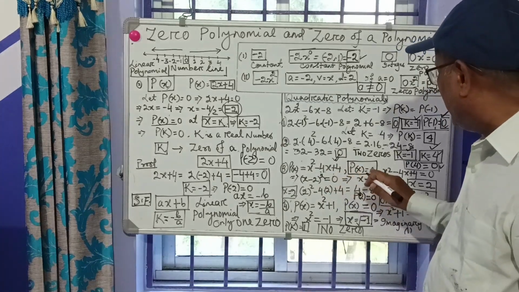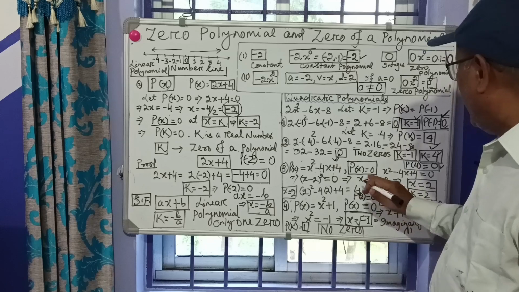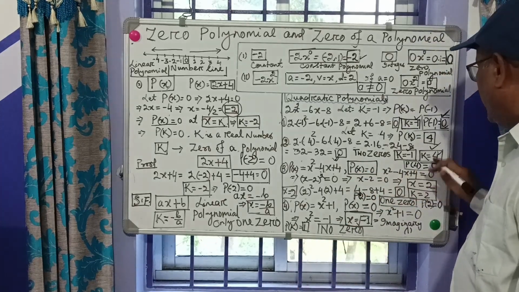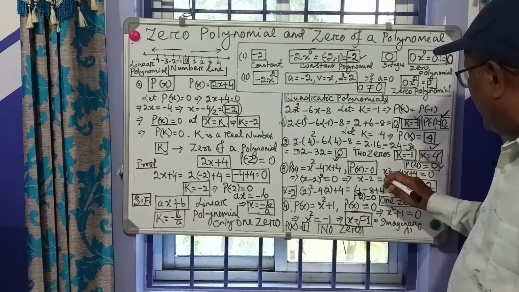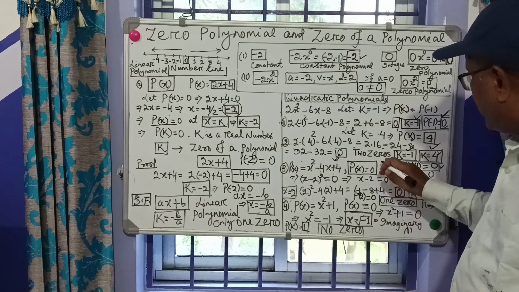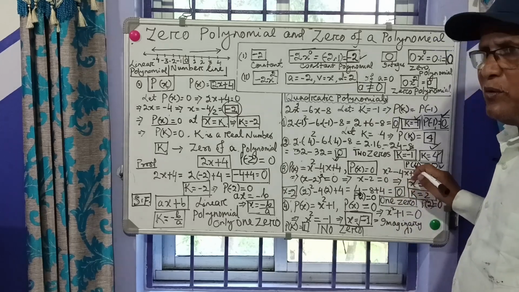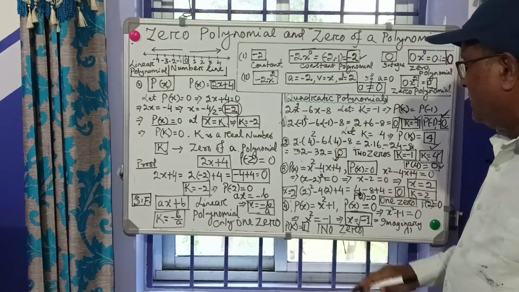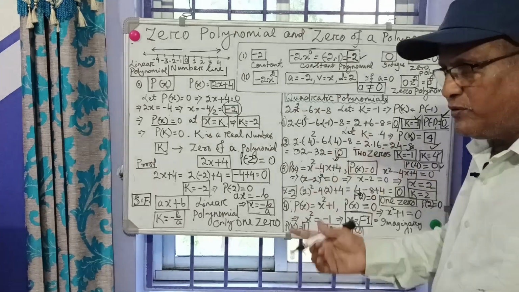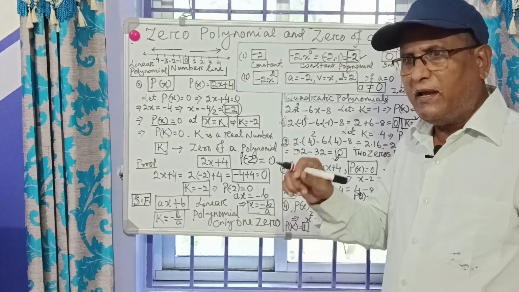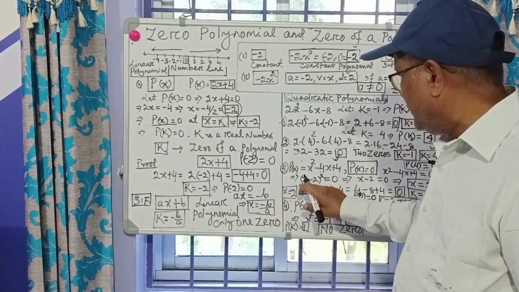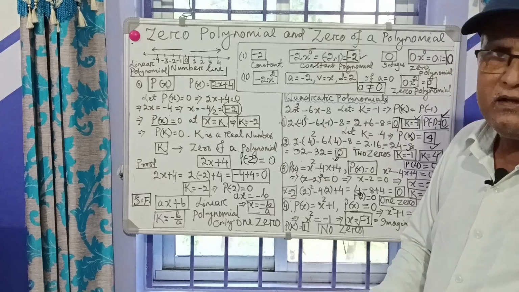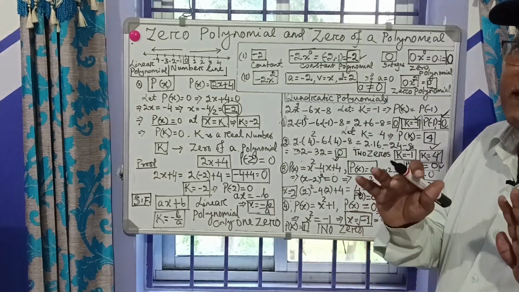So let p(x) is equal to 0, which means the polynomial is equal to 0. And you see, this is x whole square, 2 whole square, minus 2 into x into 2. That is a square plus b square minus 2ab. This is an identity you have already learned.